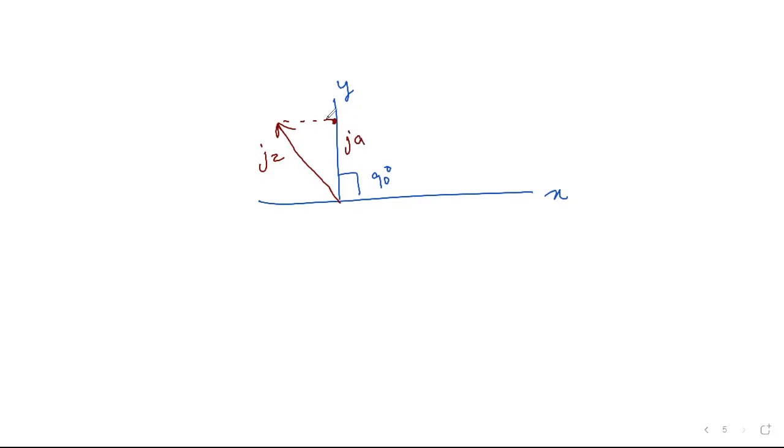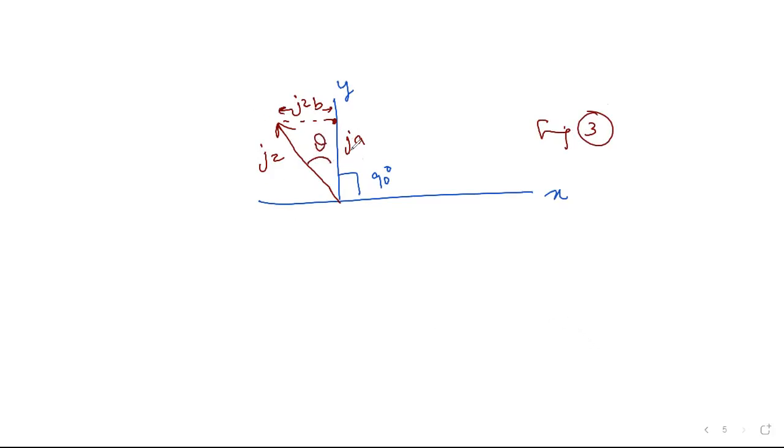This is ja and this is j square b. This is figure 3. This angle theta.